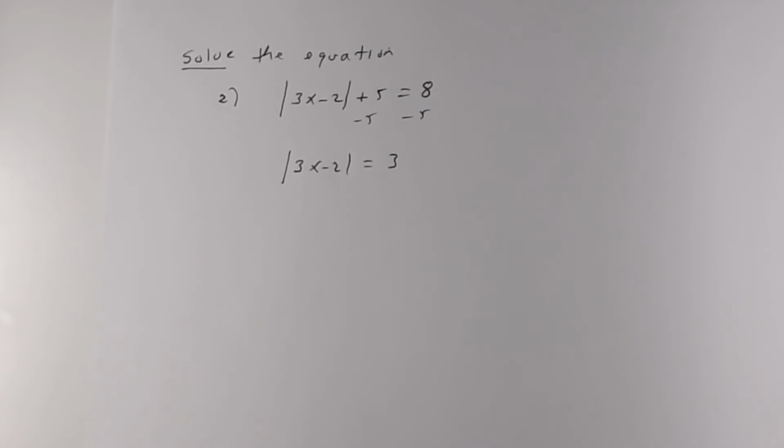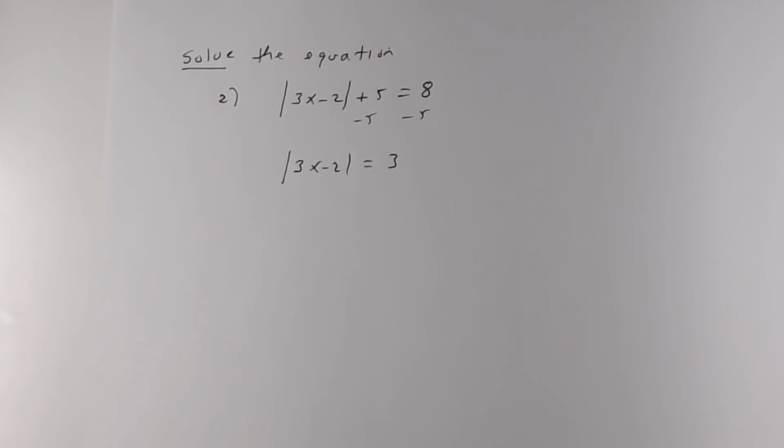You're going to rewrite this with how many equations? 2. With or without the absolute value bars? Without. Okay? So tell me what to write. 3x minus 2 equals 3 is one of them. What's the other? 3x minus 2 equals negative 3.